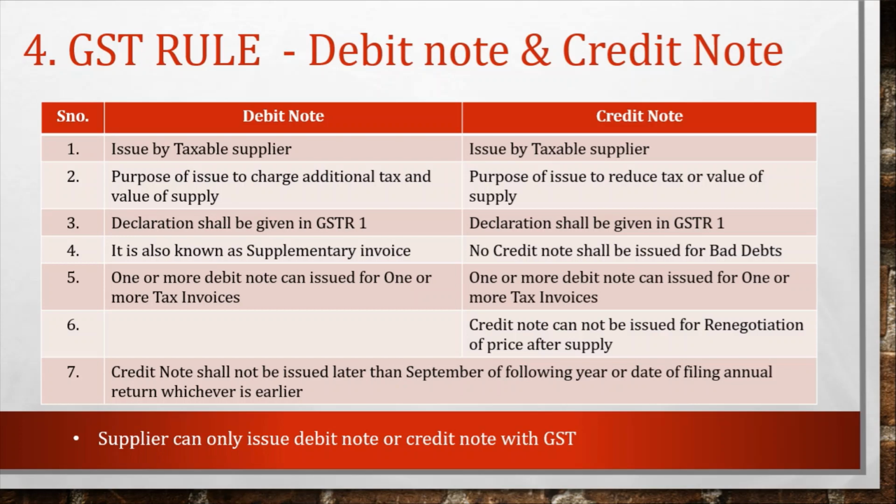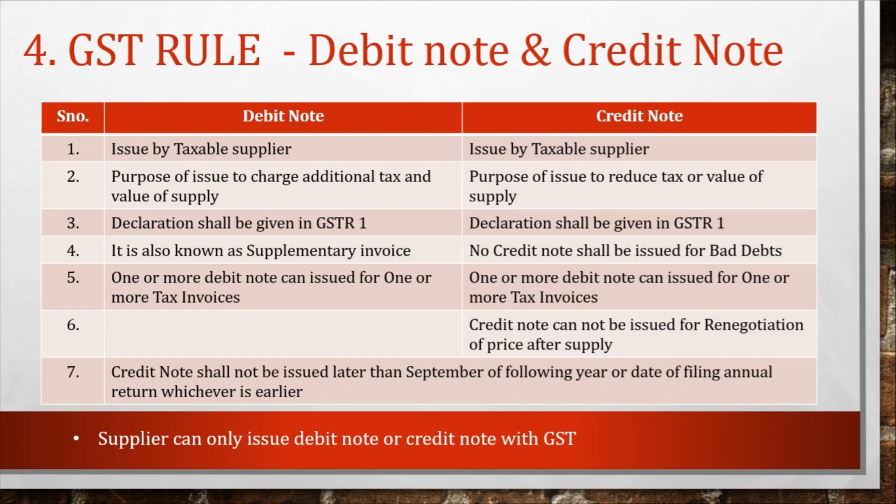One or more debit notes and one or more credit notes can be issued in reference to one or more tax invoices. Second thing, a credit note cannot be issued where there is a negotiation of price after making a supply. Remember this point.